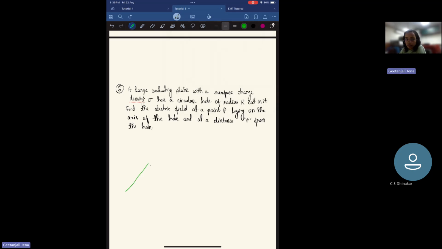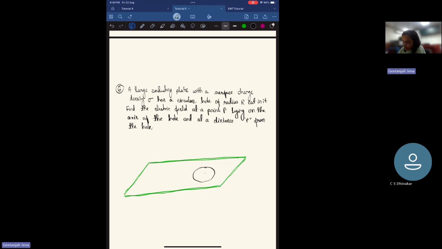So there is an infinitely large conducting plate. You can recall the electric field due to a large conducting plate is sigma by 2 epsilon naught. This we have derived using Gauss law. But inside this large conducting plate, we have a circular hole.